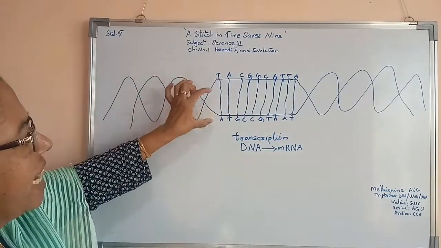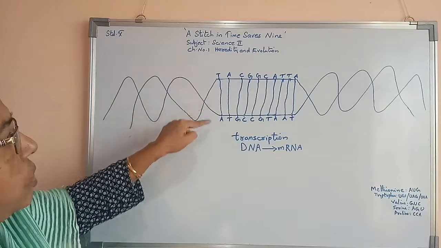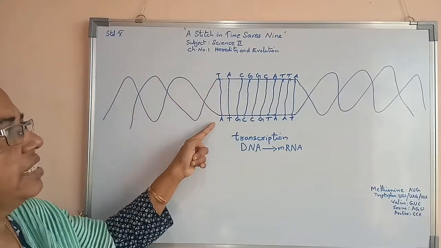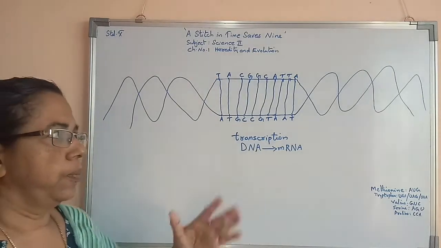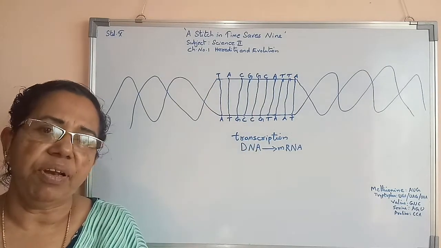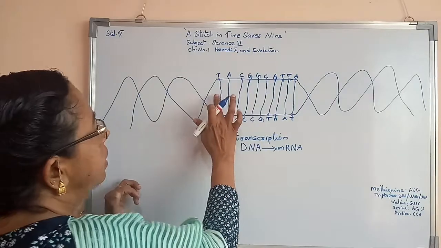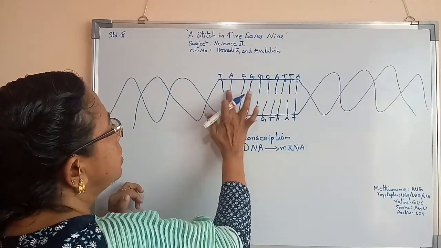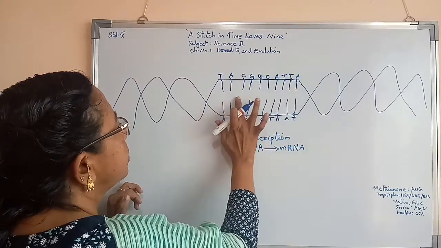So with the help of this hydrogen bond, these two nucleotides or nitrogenous bases are joined. Now when messenger RNA forms, at that particular time this bond will break.